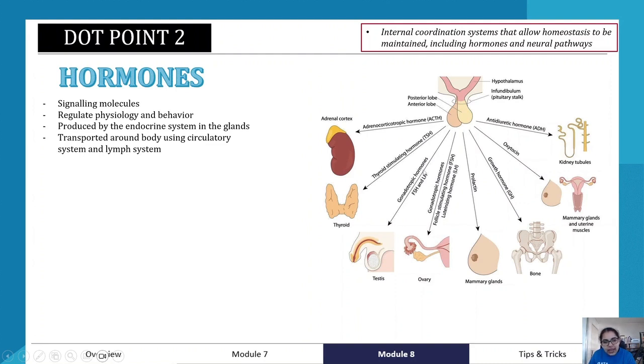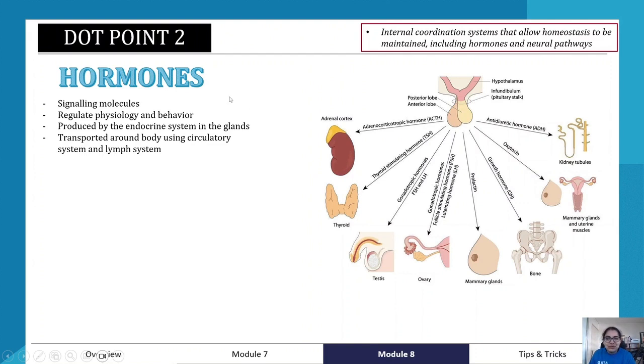The GnRH, FSH, thyroid stimulating hormone, so that essentially then goes on and activates the thyroid to release thyroid hormone. And the adrenal cortex releases cortisol, which also plays a huge role in the fight or flight response of the body. But that's just some extra information if you're interested in knowing the context of the diagram.